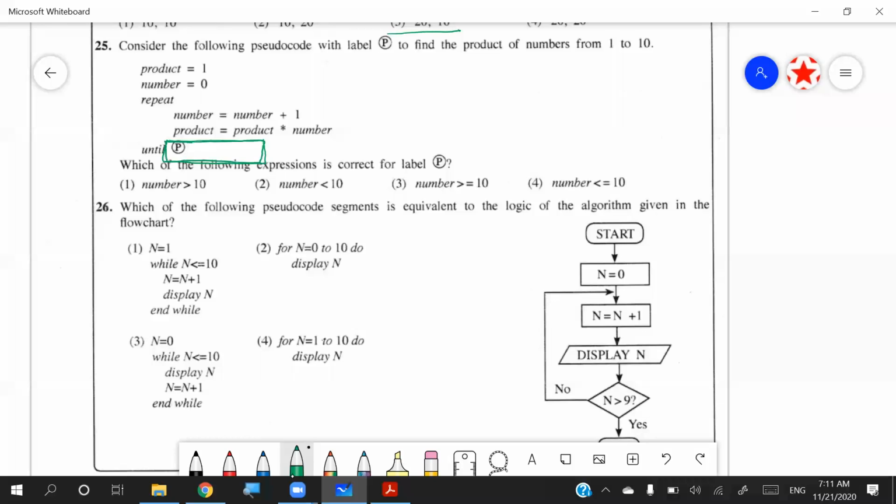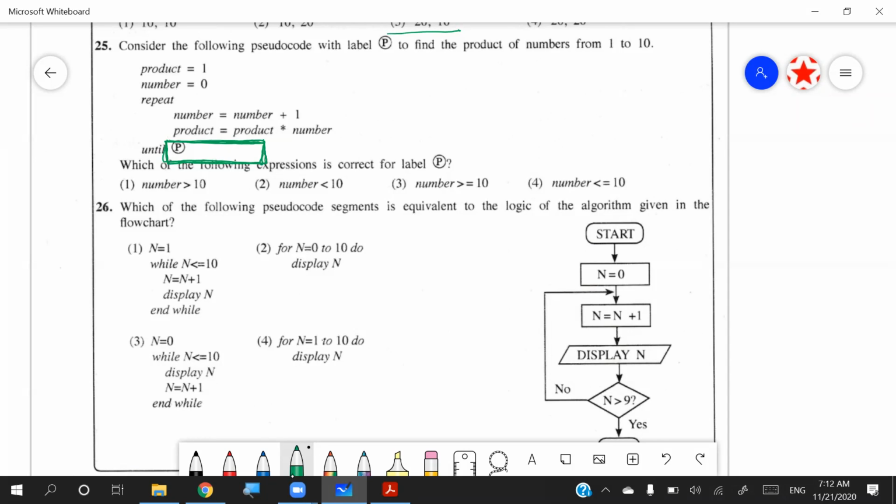Now, in pseudocode, we know there are two iterative structures which we are discussing, which are the while structure and the repeat until structure. The while structure always allows us to go inside the loop if the condition is correct, right?